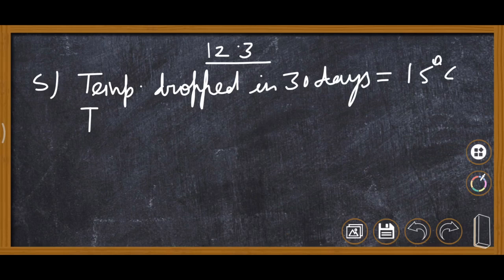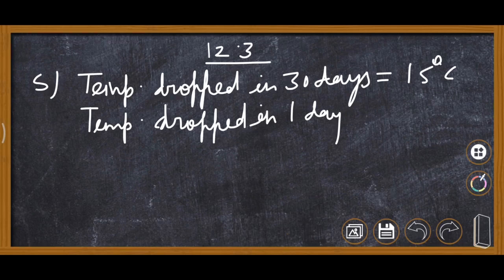Now we will find temperature dropped in 1 day. Now here we will divide this 15 by 30. Now 15 ones are 15, 15 twos are 30, so it is 1/2 degrees Celsius.